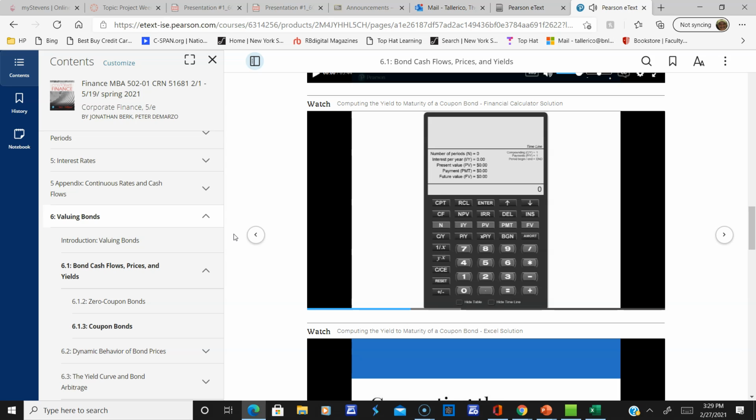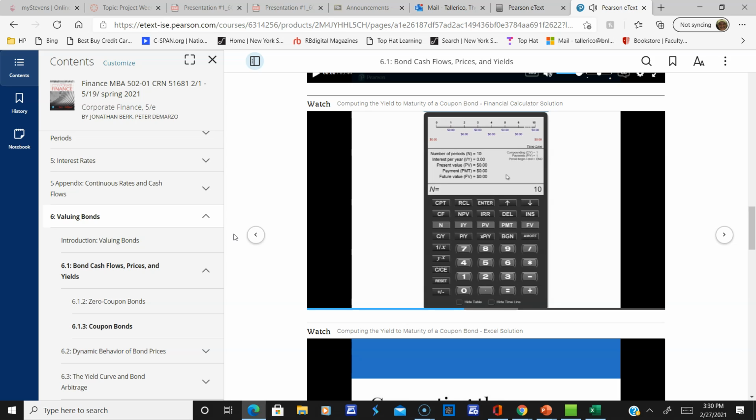So now to solve for the yield to maturity with a financial calculator, we have to enter in some information. So the number of periods is going to be 10 because since the cash flows come at 6-month intervals, we have to do 6-month periods. So 5 years is 10 6-month intervals. So we hit 10 and then N. And it starts our cash flow timeline up here.